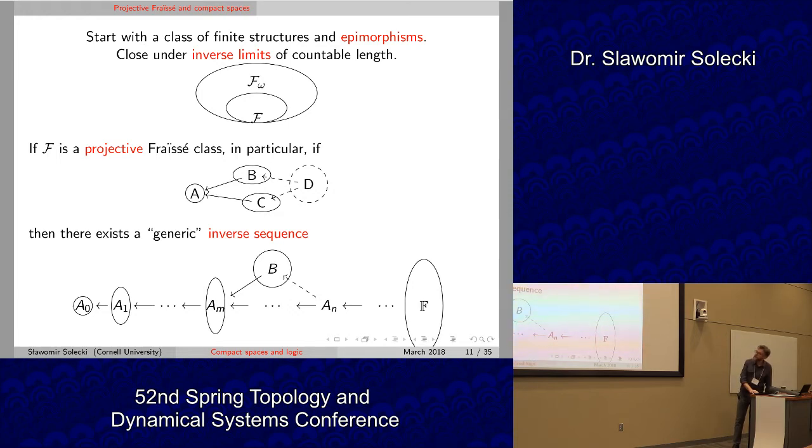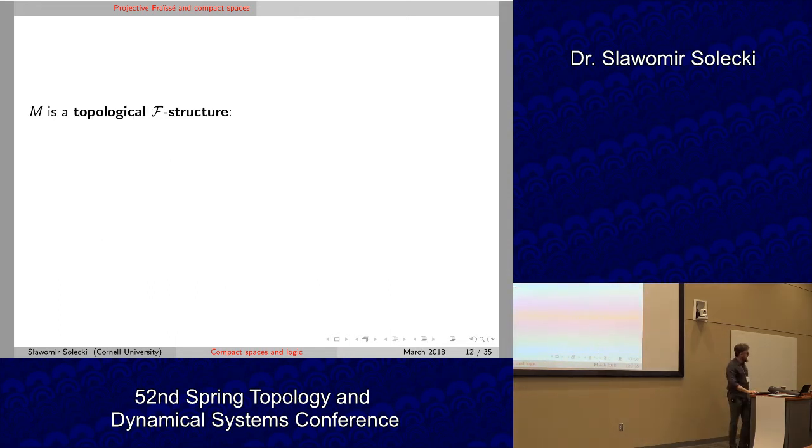Now we take the sequence of finite structures and take the inverse limit. This is a zero-dimensional compact space, but it additionally carries this model-theoretic structure. There were relations here, and these relations will be inherited by the limit. So if there is some graph relation, this will be a graph. If there are some functions here, there will be functions here. To capture what's going on in this limit, I would say that M, the structure in the picture, is a topological F structure, where F is my family.